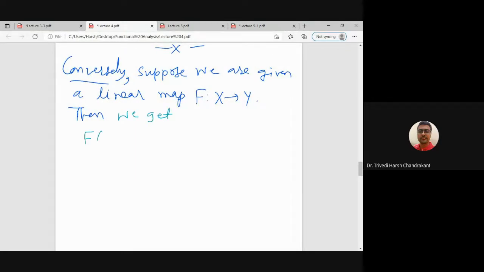So f(xj) is equal to the first coordinate of f(xj) times y1 plus and so on, the mth coordinate of f(xj) times ym. This is basically a linear combination of the basis elements y1, y2, ..., ym.